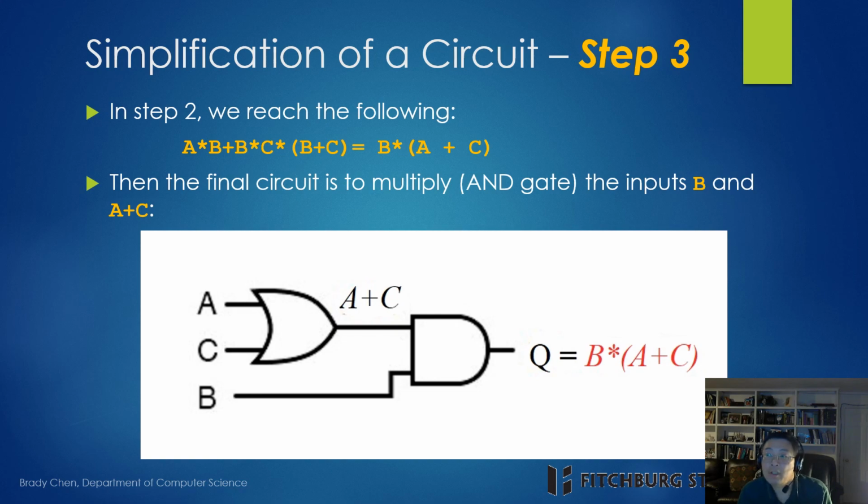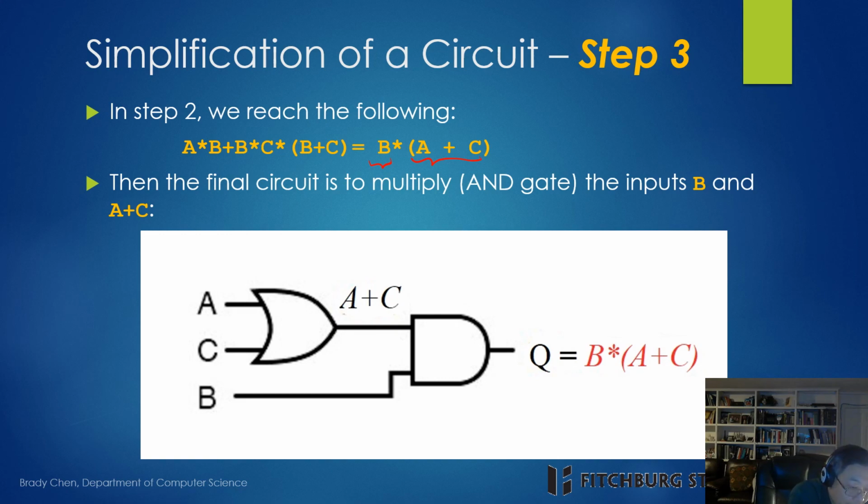Now continue with step 3. Next, we're going to build an AND gate. And this AND gate has two inputs. One is A plus C, and the other one is B. So we can combine the circuit diagram we just drew in the previous slide into this new diagram.